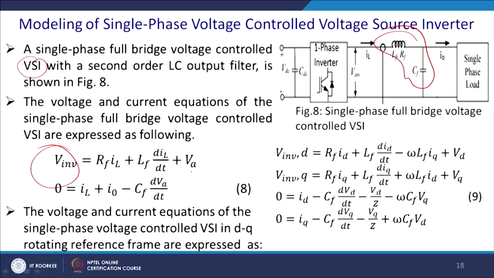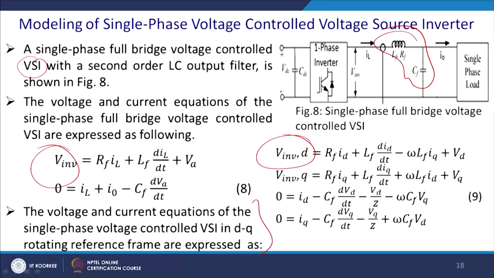The voltage and current equations of the single phase voltage control VSI in the dq axis, we can get by making a transformation. So, Vinv d will be given by RF ID plus LF dID/dt minus omega LF IQ plus VD.